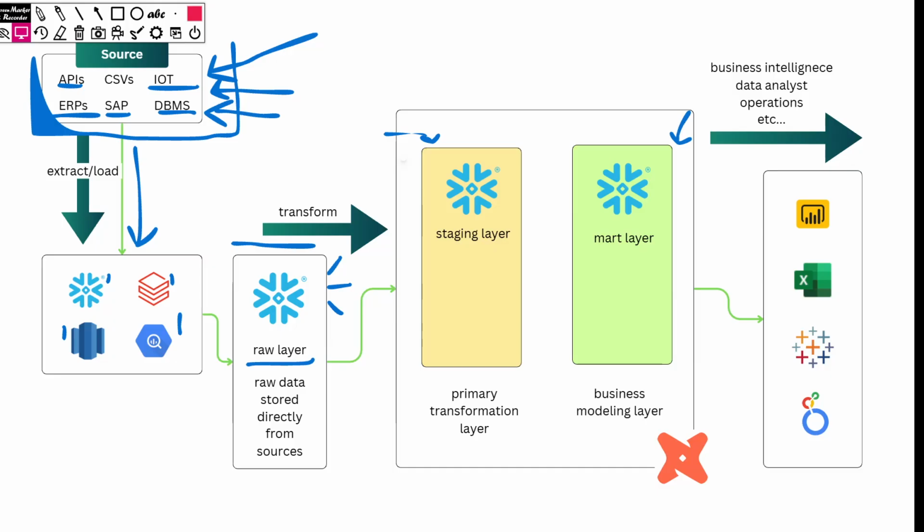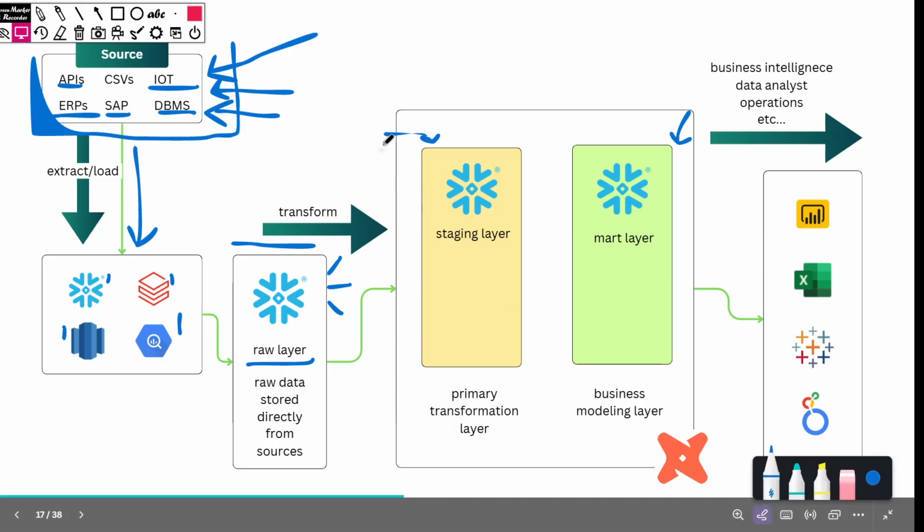Just the important things, transformation is basically just making your data useful, right? Breaking it into a much more useful format that you can make use of and make business models out of. So this is your first layer, raw layer, which then goes into your second layer.